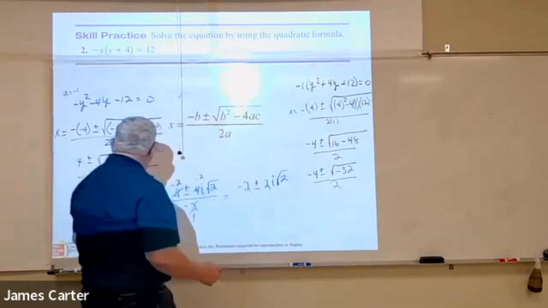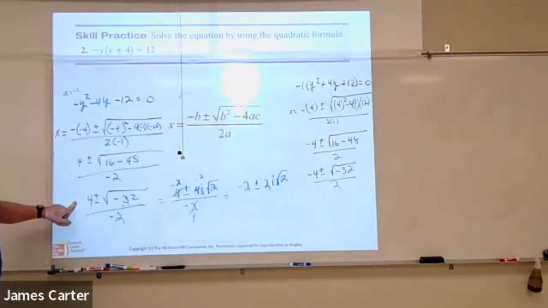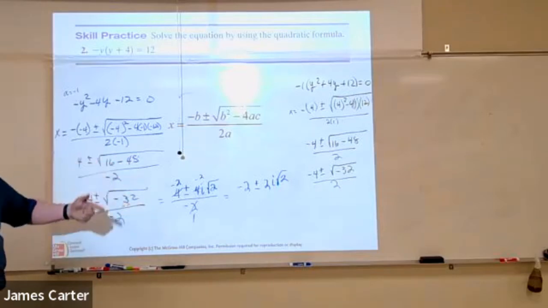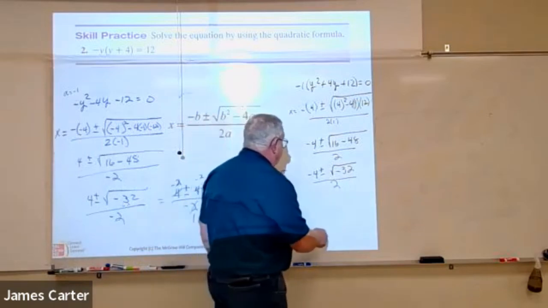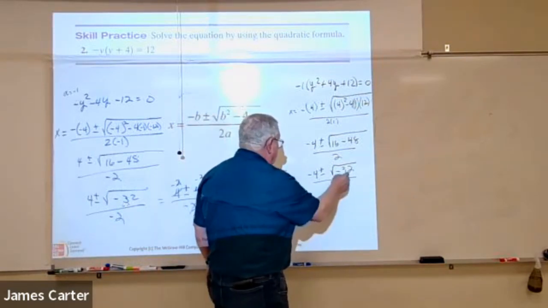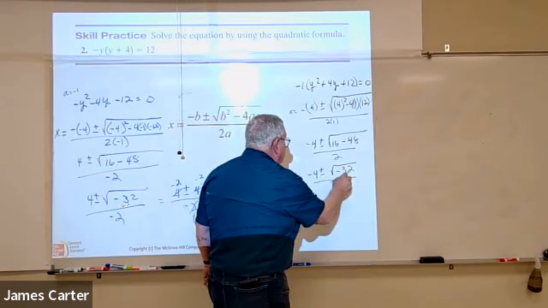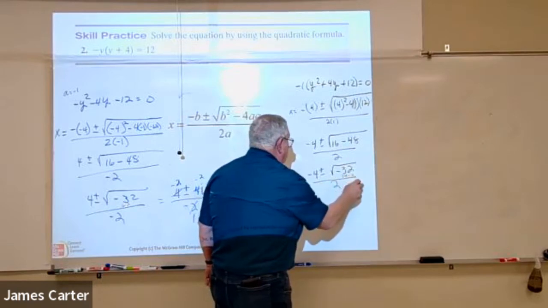Look at this one, look at that one. Signs are opposite, aren't they? So ultimately, the signs are going to cancel out. But I'll go ahead and carry this through to finish. Okay, so this one again, 16 times 2.